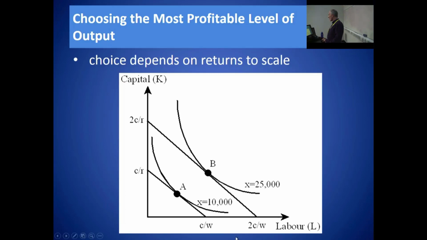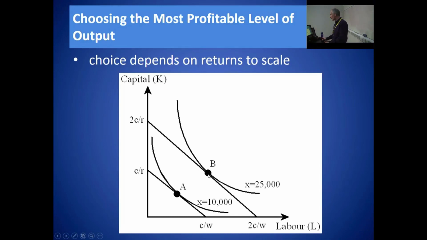Anywhere along that iso-cost line, costs are twice as much. So, by doubling its costs, by using twice as many factor inputs, the firm is able to produce more output. And the maximum amount of output it can produce would be where an isoquant just touches that new iso-cost line.